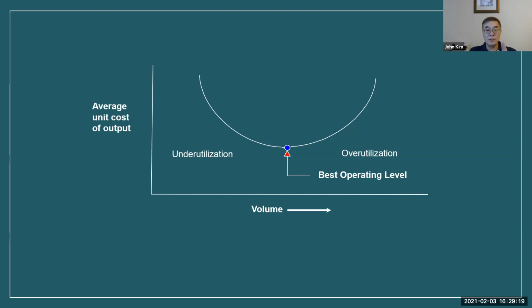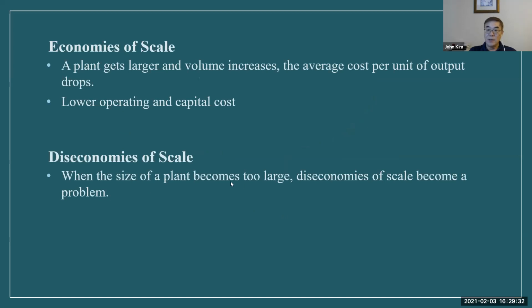So if there is a condition, if there is not demand, then we recommend increasing volume. With economies of scale, when the size of the plant becomes too large, it becomes a problem.